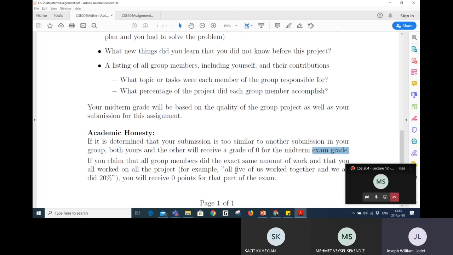So if one particular group member had more impact, did more work on some of the research or some of the query writing, then that should be reflected, and we should see that.